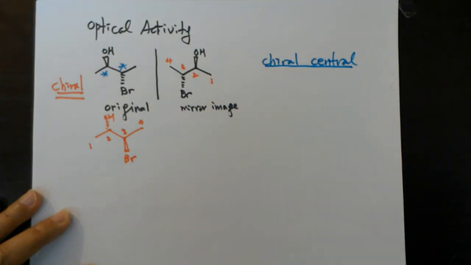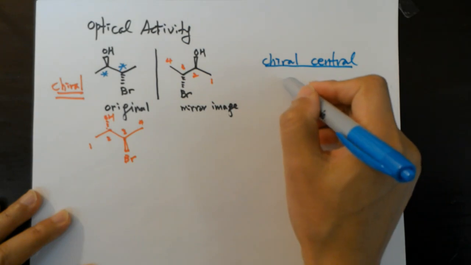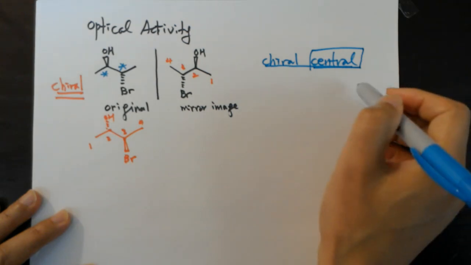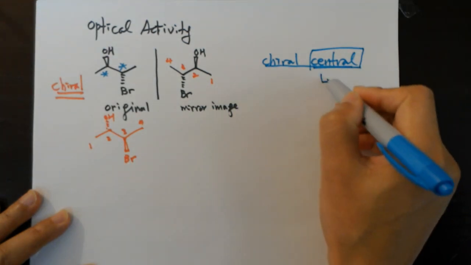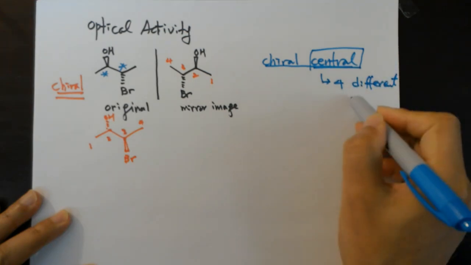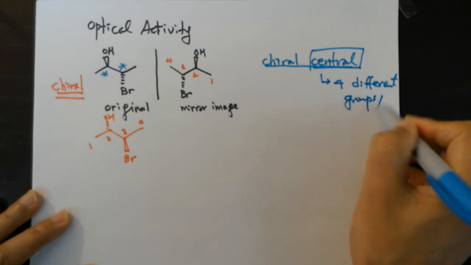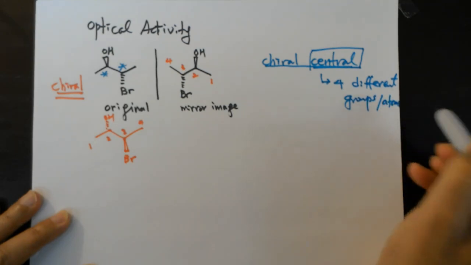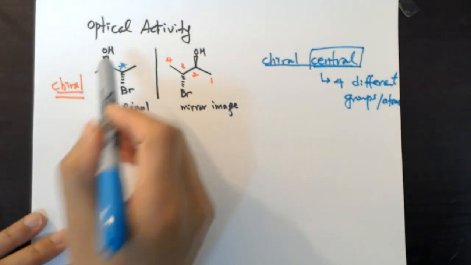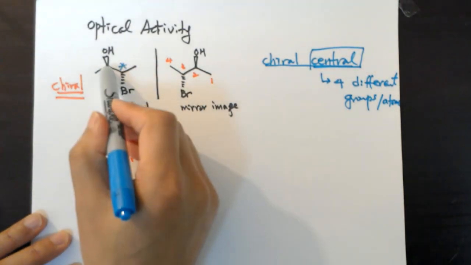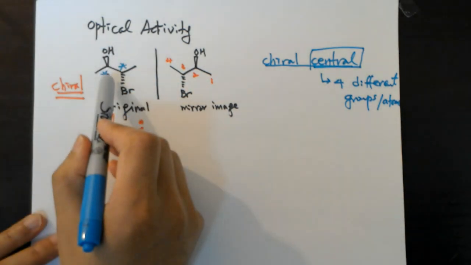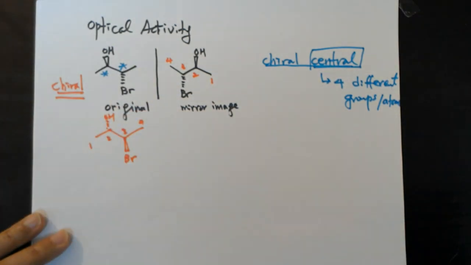A chiral center is usually defined as a central atom that has 4 different groups or atoms. As you see here, this carbon has a methyl group, this huge group, an OH, and a hydrogen. So this is a chiral center, and that as well is a chiral center.